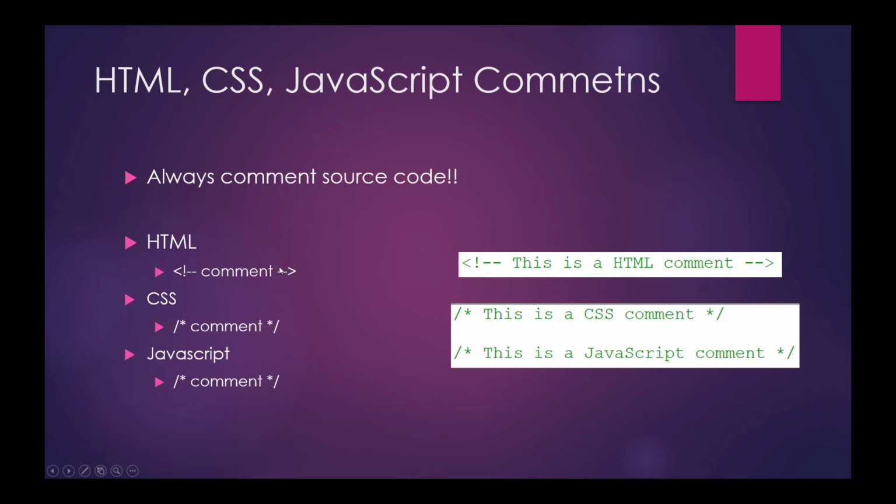If you were in the CSS part of your document, you had to use a CSS comment. That still stands when we add PHP into the mix. The only difference is that PHP has its own comment syntax, and it's the same concept. If you're in the HTML part, you use an HTML comment. If you're in the CSS part, you use a CSS comment. JavaScript, JavaScript, PHP, PHP. Also, I'm realizing I spelled comments wrong up there.